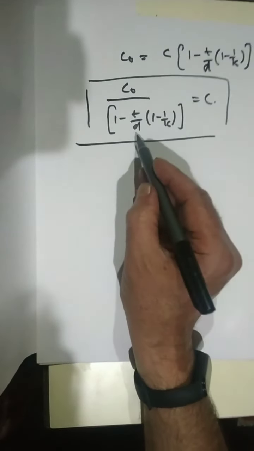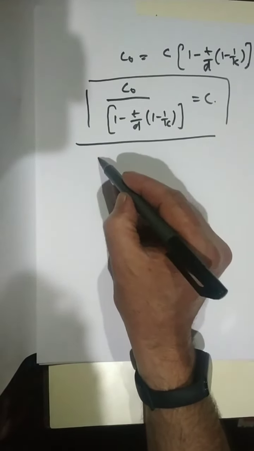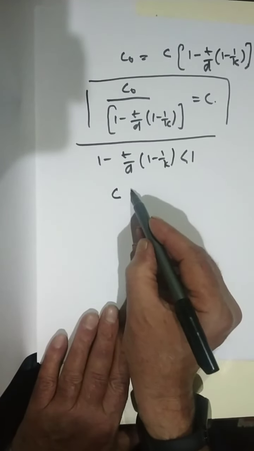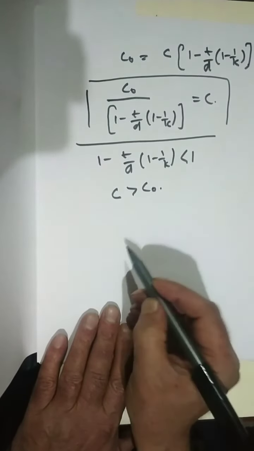Now, we know that this denominator 1 minus T by D into 1 minus 1 by K is less than 1, which implies that C is greater than C0.